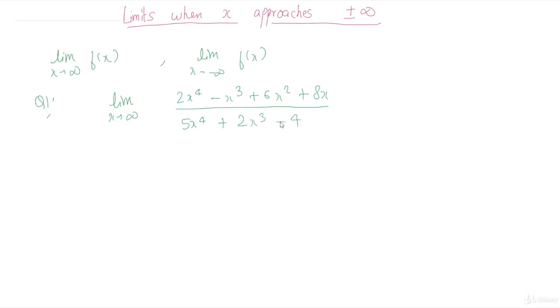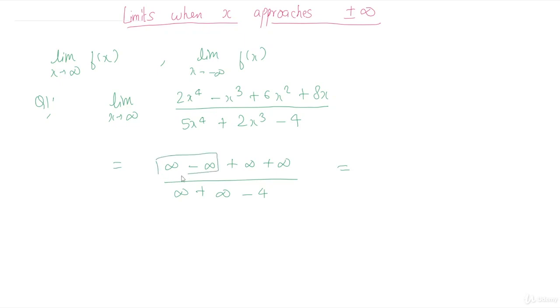Now let's try to plug in x equal to infinity in the numerator and the denominator as well. This will be infinity minus infinity plus infinity plus infinity. Similarly, in the denominator, that will be infinity minus infinity minus 4.